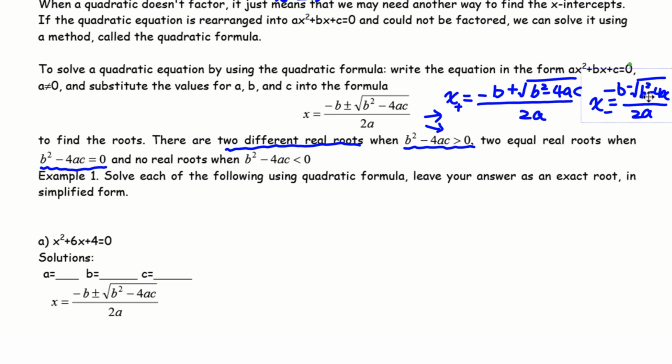So plus 0 minus 0, the two roots will be equal. So you have two equal real roots, or you could say one real root, one zero, one x-intercept. It means the two x-intercepts are equal, becomes 1.